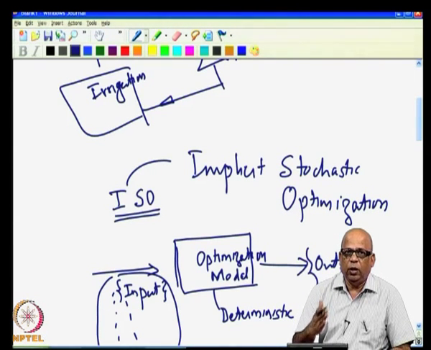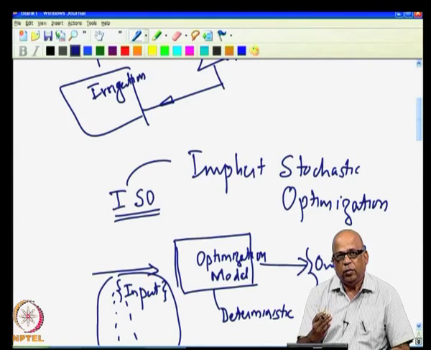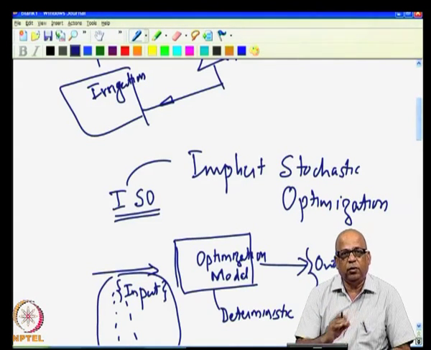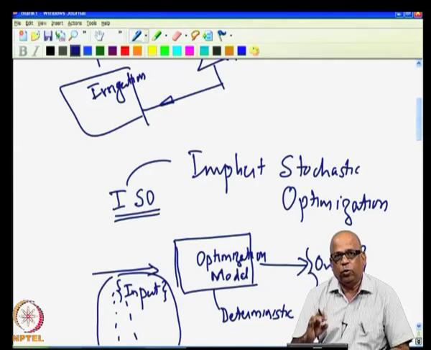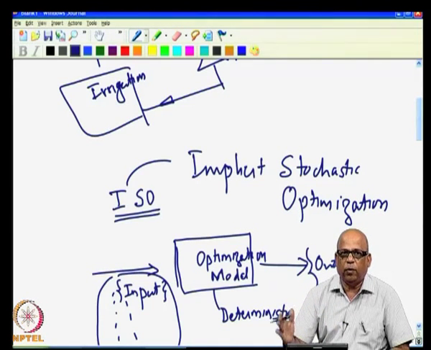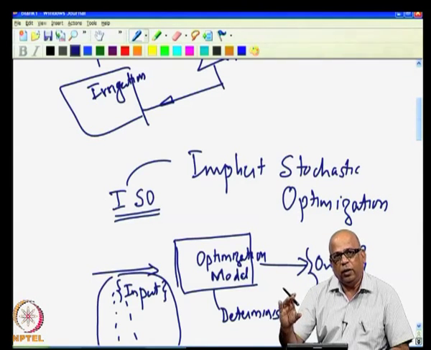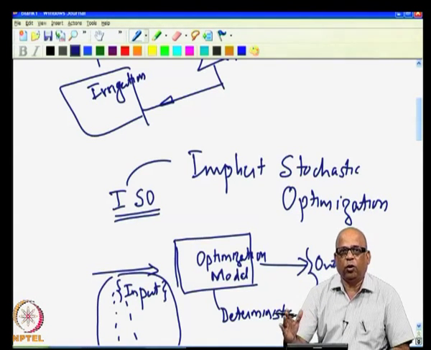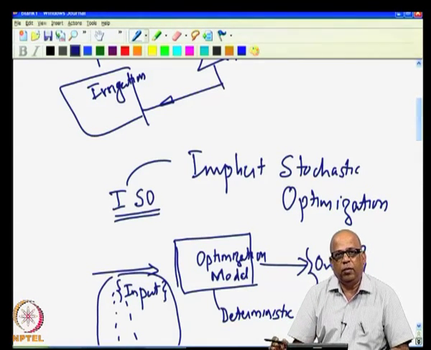You run the model with several sequences of inputs, all of which together address the uncertainties in the input, and therefore, associated with each of these sequences you get one output sequence, and then you do the analysis on the outputs to get the decisions incorporating the uncertainties.